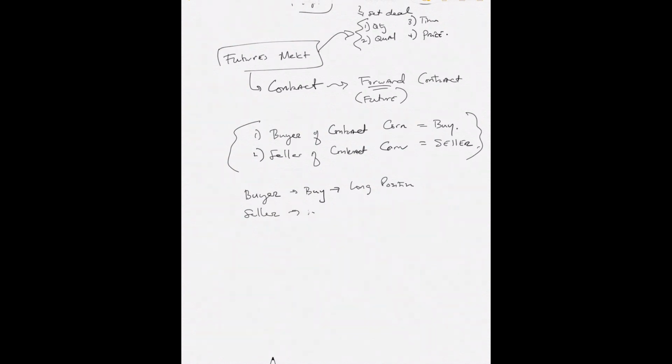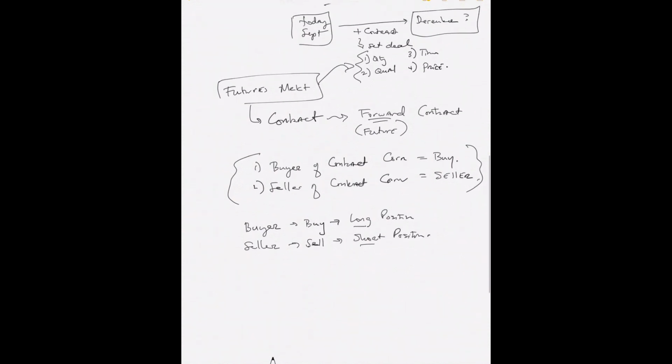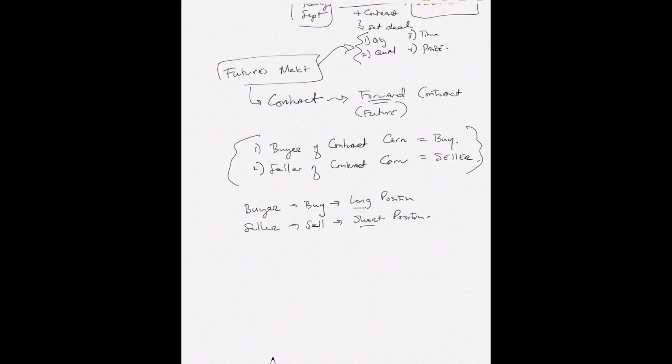Now, a seller, their position is, of course, a sell, but that is called in the market a short position. And so these positions are really to help describe the position that someone has. And so really this is the first concept of an introduction to the futures market and these contracts and these 4 areas that exist of those contracts.